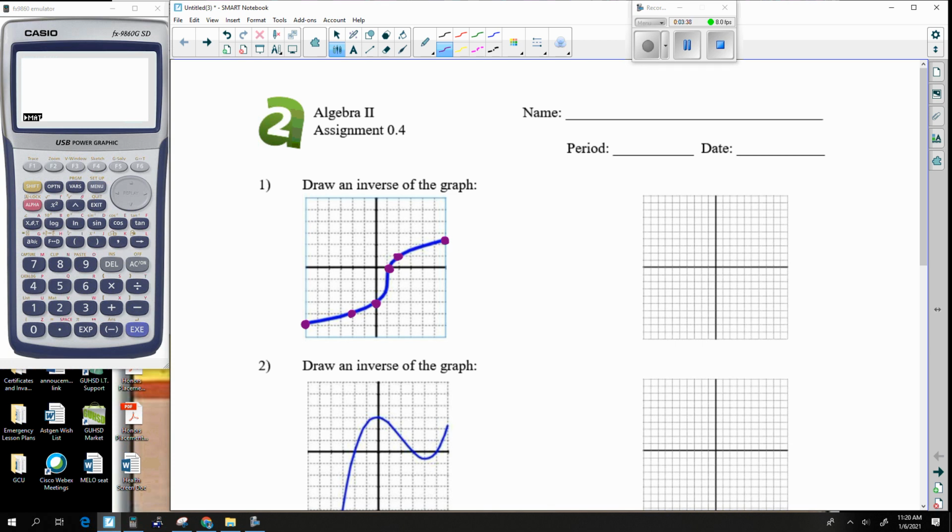So right now, let's label what these points are from left to right. The very first one is at negative 6, negative 5, approximately. The next point is at negative 2, negative 4.